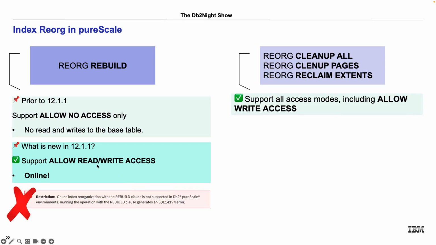And what's new in 12.1.1? Starting from 12.1.1, reorg rebuild can now run online. You can use allow read and allow write, and you can get the benefits of a full rebuild without taking the application offline. So you will not get this restriction anymore.